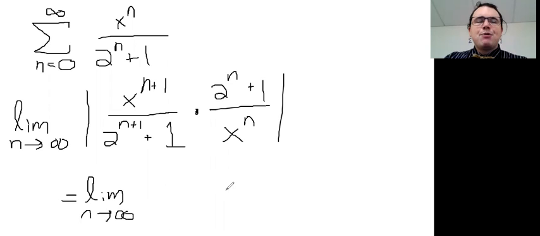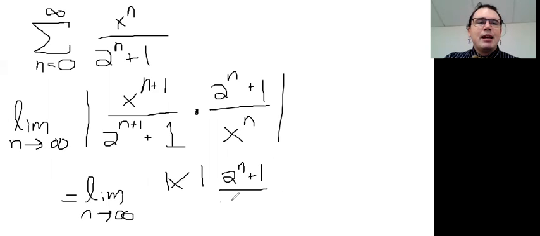Now, when I go to clean up this formula, there's one more power of x on the numerator than there is on the denominator. So I'll have the absolute value of x on my numerator. Then I'll have this fraction involving powers of 2. And here is where the absolute values are actually redundant.